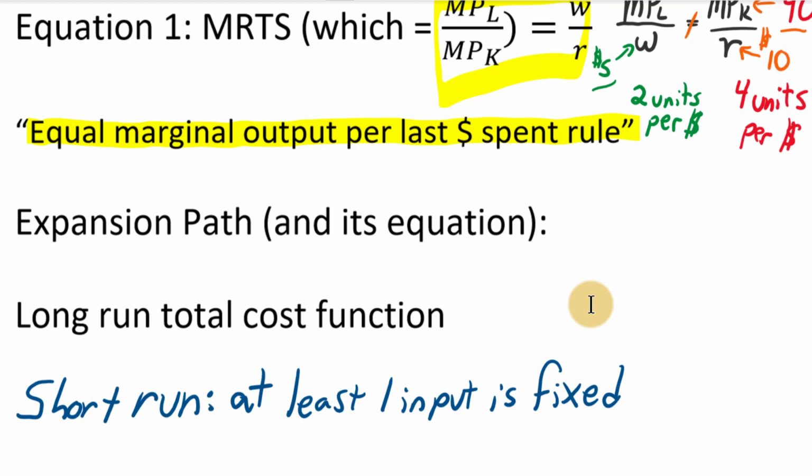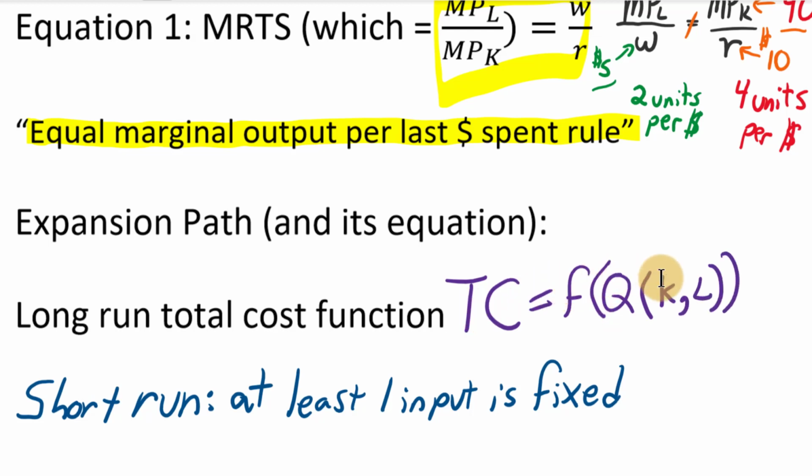So a long-run total cost function, we're not going to actually do the math to derive one today, but what we're trying to get at is some kind of function where total cost is some kind of function of quantity, but where the quantity we're producing is itself some kind of function of capital and labor.